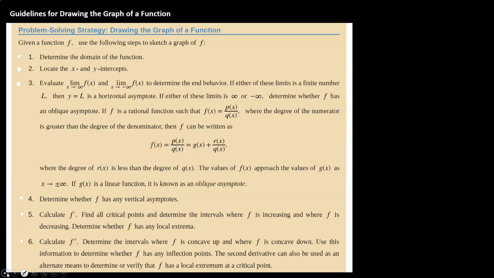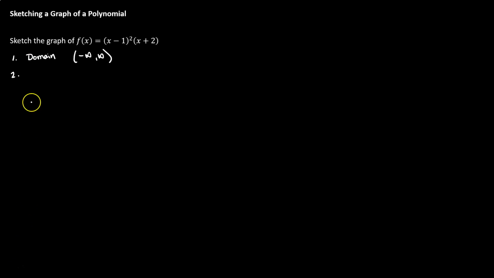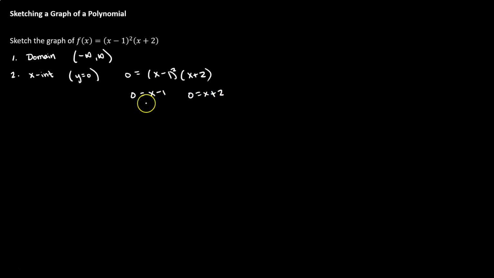What was step 2? Locate the x and y intercepts. So the x-intercept, that's when y is equal to 0. So we'll set our function equal to 0 and solve. If this function is equal to 0, then it's either the x minus 1 factor that made that 0, or it was the x plus 2 factor that made it 0.